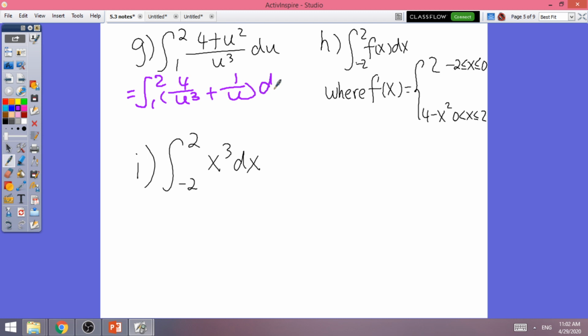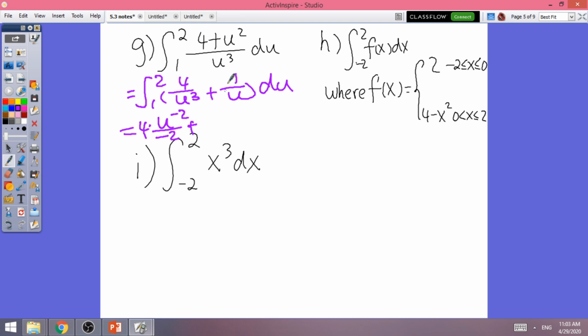Okay, and now we want to integrate it. So this one is the integral of 4 times u to the power of negative 3, which is u to the power of negative 2 over negative 2 times 4. Once you rewrite it, it's u to the power of negative 3, add 1, so we got u to the power of negative 2 divided by the new power times the coefficient.